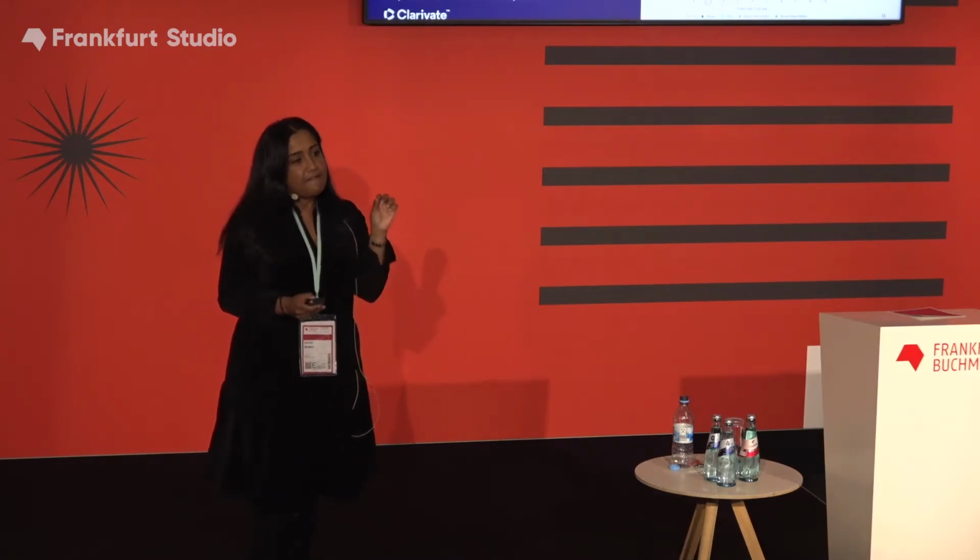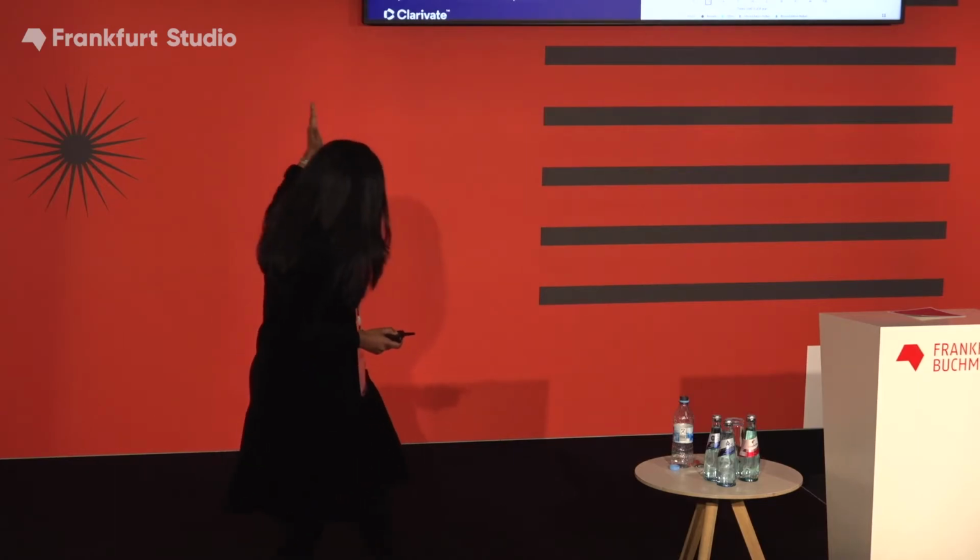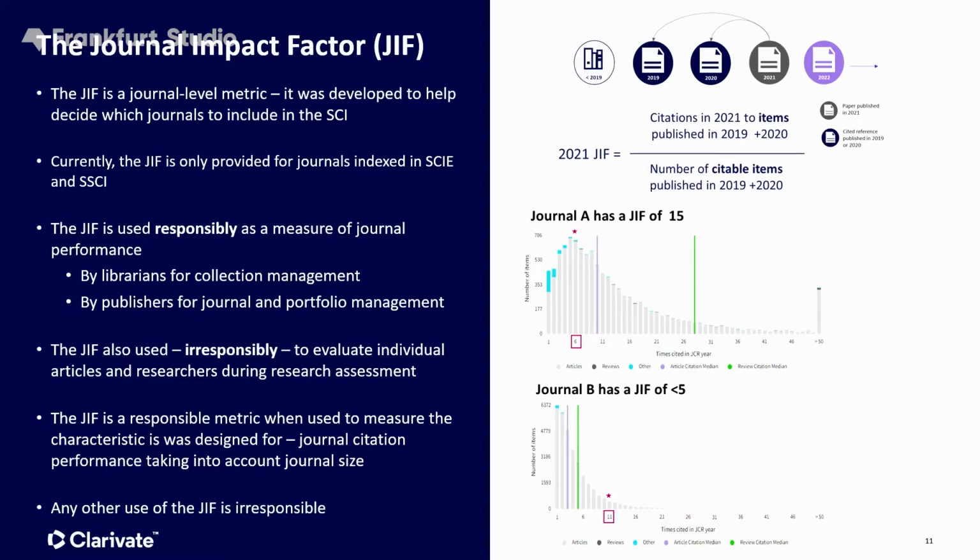There tend to be a very small number of articles that have high citations, the articles towards the right side of the graph, and a very large number of articles with relatively small citations, and these are at the left side. For example, here, I don't know if you can see, I've put a little highlight around 2 articles, one in Journal A that has the high JIF and one in Journal B that has the low JIF.